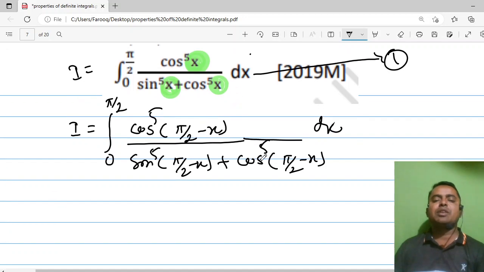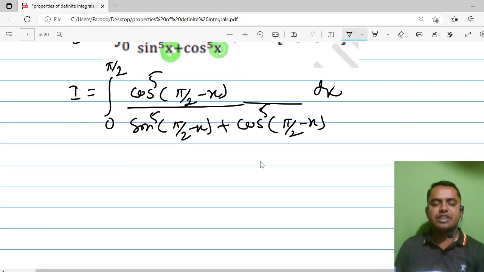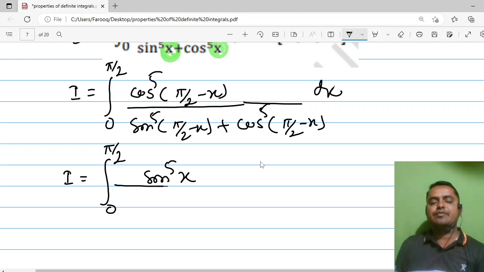Now applying the complementary angles of trigonometric functions, that is I is equal to integral 0 to pi by 2 of sin raised to 5 x divided by cos raised to 5 x plus sin raised to 5 x, dx.